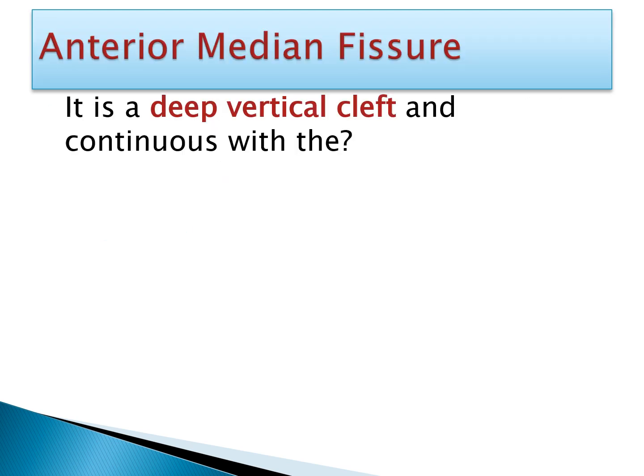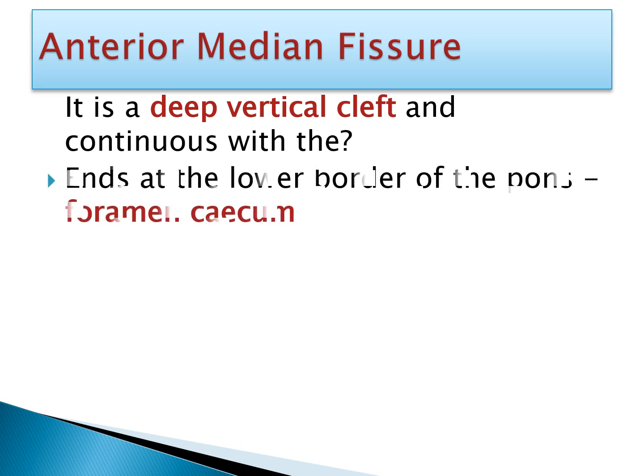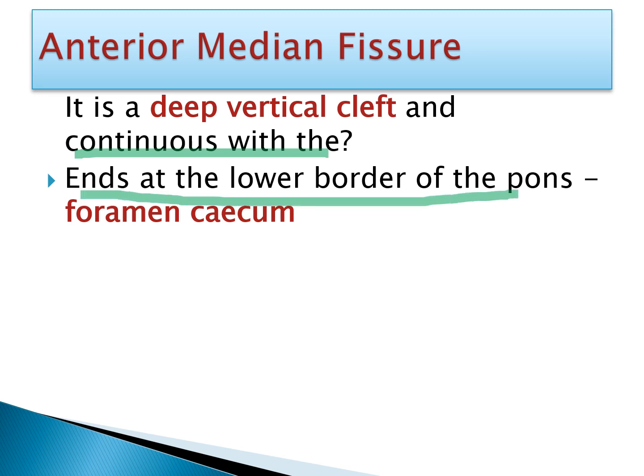Now we will see the anterior median fissure in detail. It is a deep vertical cleft which is continuous with the anterior median fissure of the spinal cord. This ends at the lower border of the pons as the foramen cecum. So now you should refresh, so many places we had foramen cecum.